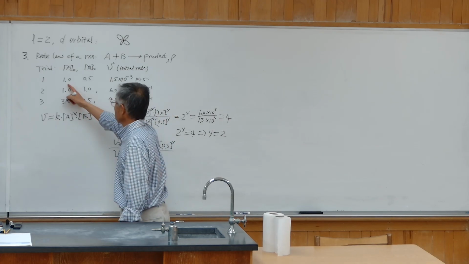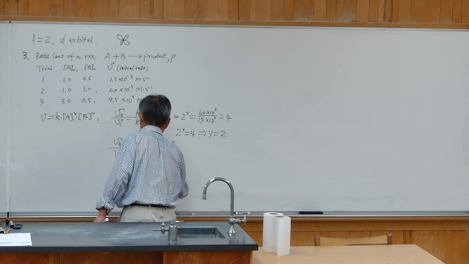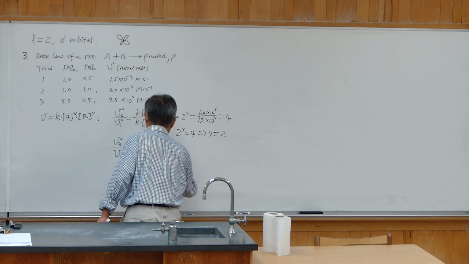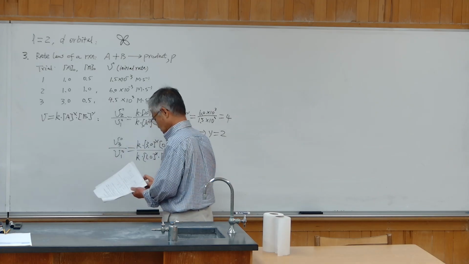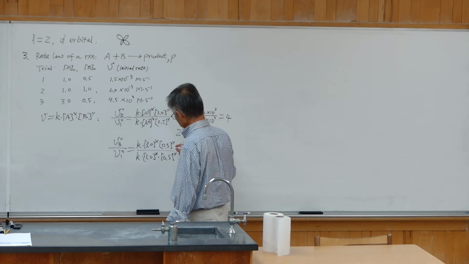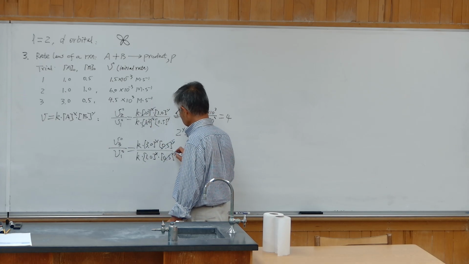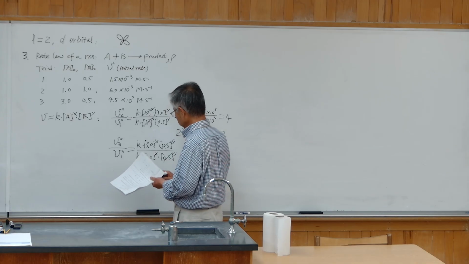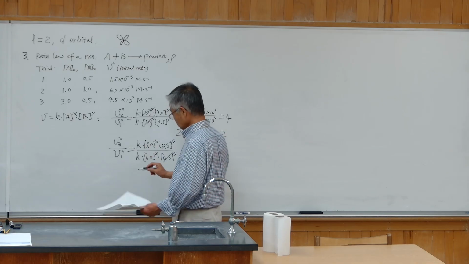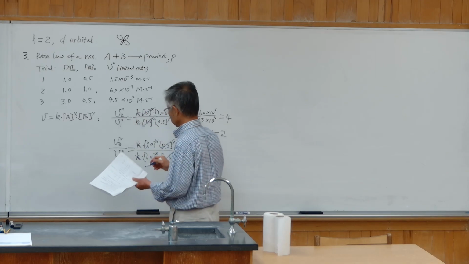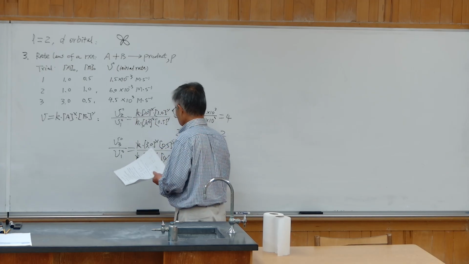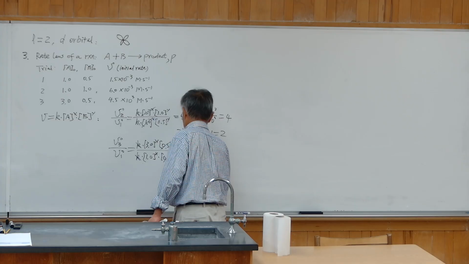Trial 1, A concentration is 1 to the X power, B concentration is 0.5 to the Y's power. And you find this time B concentration is exactly the same. B cancelled. Left over only A's concentration. So K also cancelled. Similar here, K cancelled.